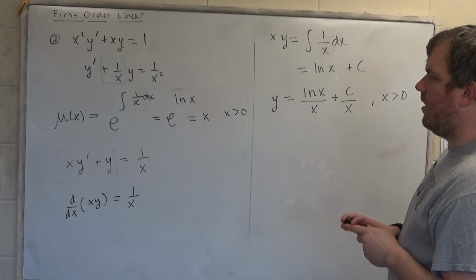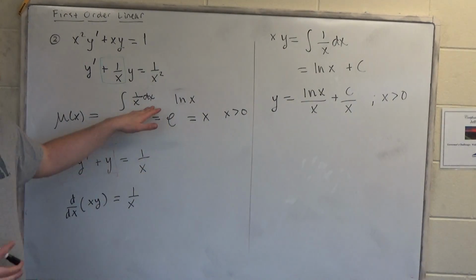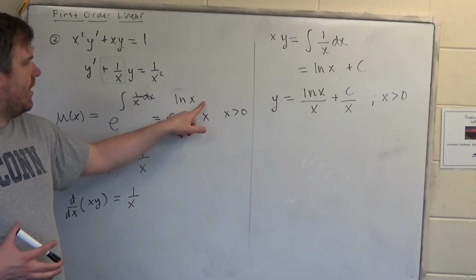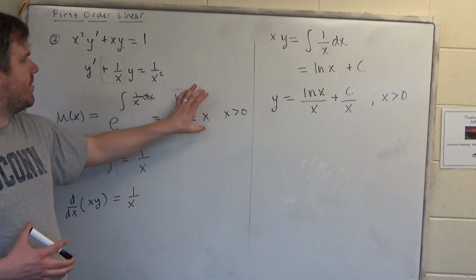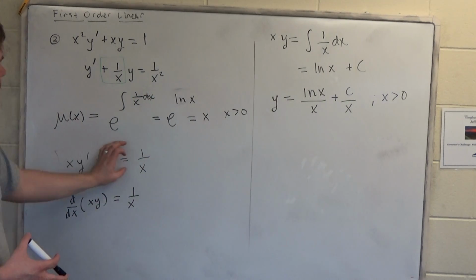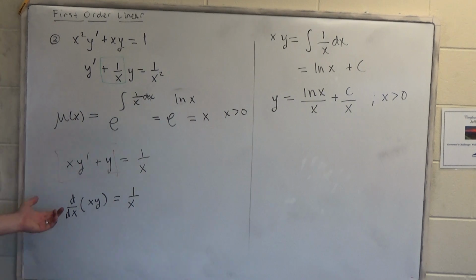Now, there is one comment to make that I sort of left out. Why didn't I put plus c here? Well, if I did put plus c here, using my exponent rules, I would just get another constant out in front of the exponential. Multiplying everything through by that constant, well, that's fine, except I could just divide it back out.